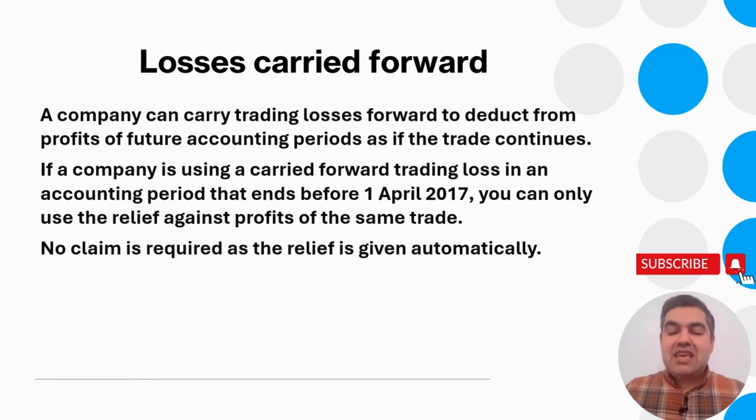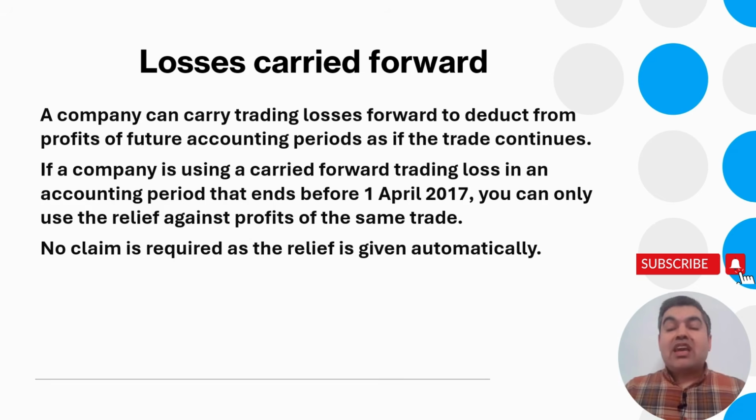What they're trying to say here is, because this relief is automatic, when you try to use the losses against the current accounting period, you have to make a claim. You have to make certain adjustments to your computation. In terms of carry back, again, you have to make an adjustment. You need to pick up the losses, carry them back, and tell HMRC your intention that you are making a claim.